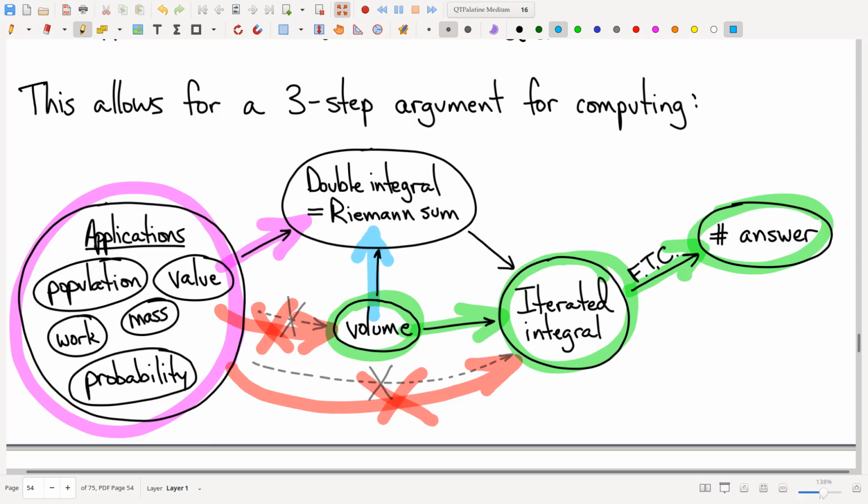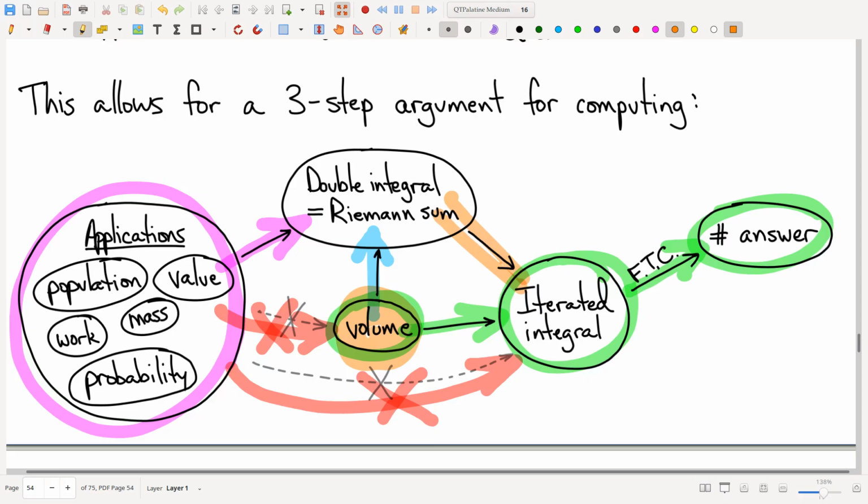And here's the role that volume has served. Volume has done a very nice thing for us. I've computed it two different ways. It is, after all, one thing. There is only one answer to what a given volume is. So when you compute it two different ways, the two things that you get are the same. And that's really the big payoff.